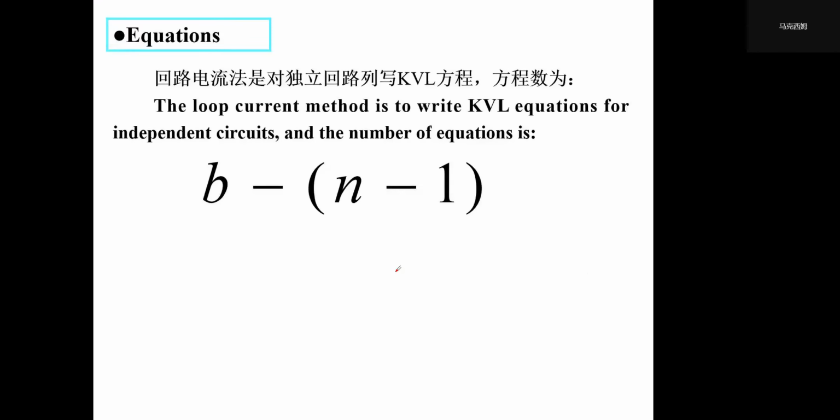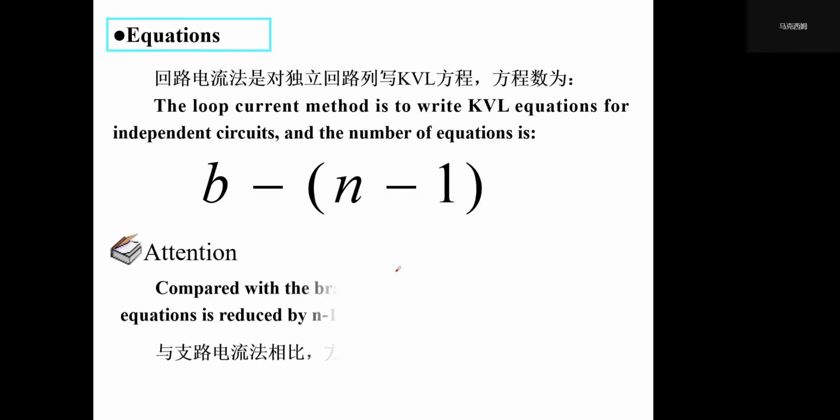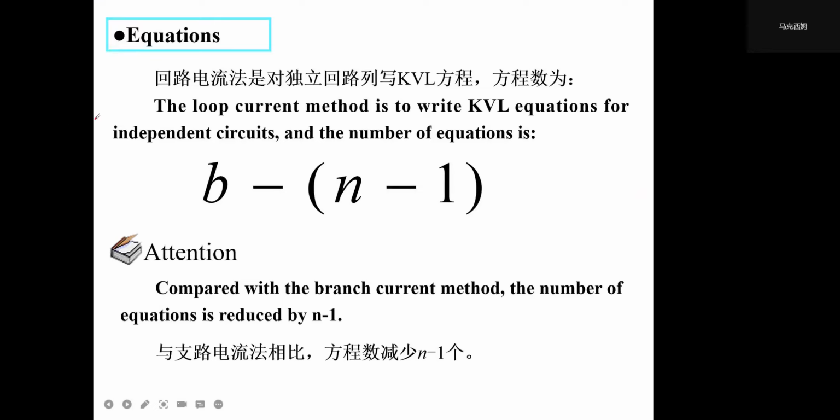And we know that the mesh is the basic loop, and the loop could be larger. And we also know that for the loop current method, to list KVL equations, the equation number is b minus n minus 1, which is n minus 1 equations fewer than the branch current method.